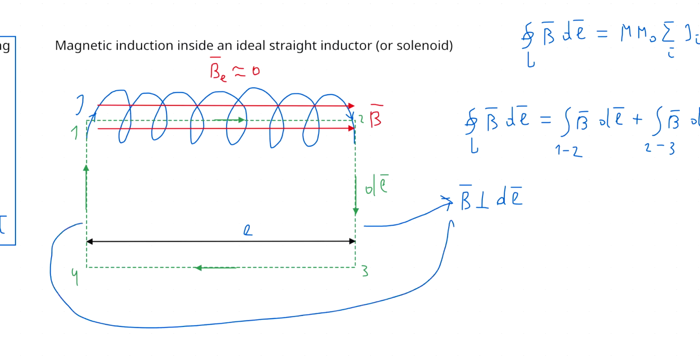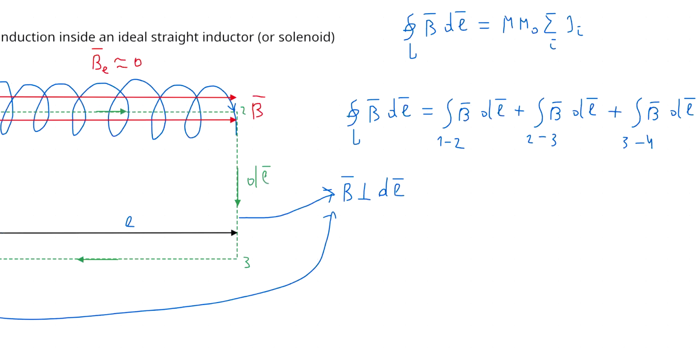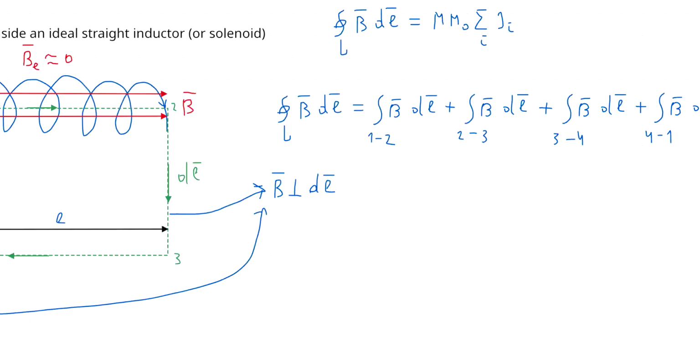For sides 2, 3, and 4, 1, we will have this situation. And so, according to this, B dl vector will be B dl cosine 90 degrees.